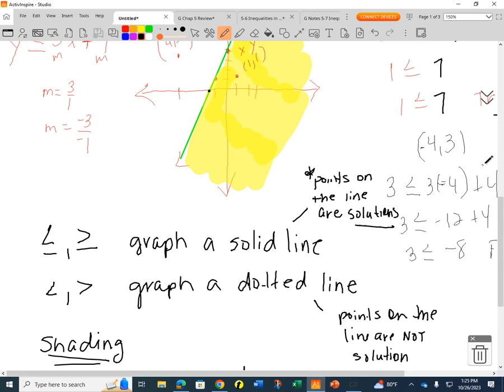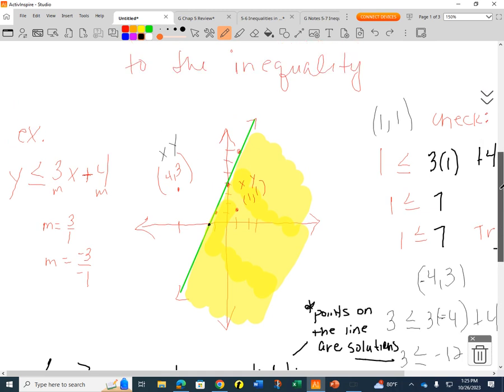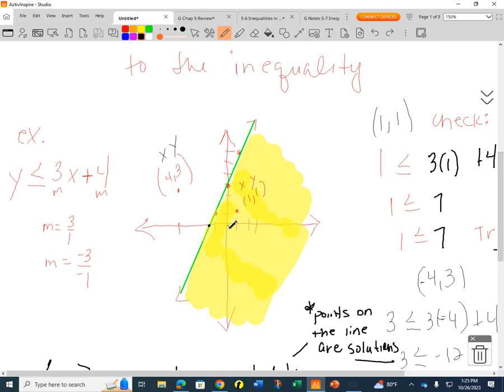All right. Well, if you'll remember it here, that's all I need you to do right now. So here, if I were to pick a point on this line, like 0, 4, if I plug in 0, 4 here, it would make that inequality a true statement.